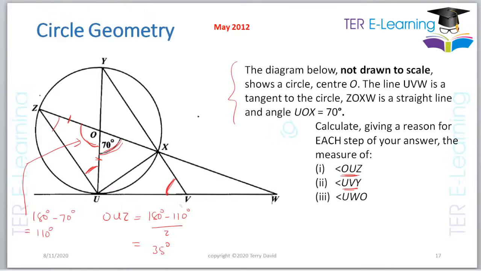So let's put in some things that we know so far. We know this angle here is 35 degrees. We also know that this angle here is also 35 degrees. And the question wants to know what is this angle here. So what is UVY?